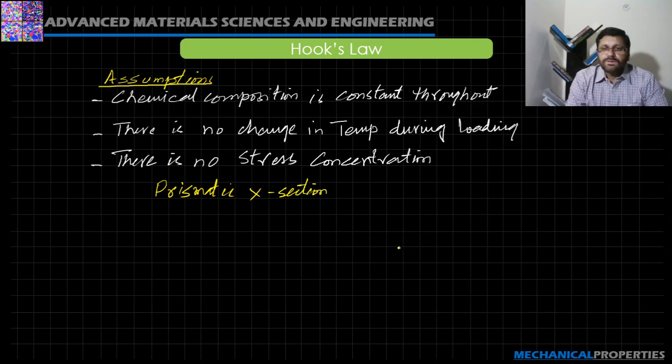Means if we have a specimen, then we assume that the cross section area is same all along the length of the specimen.